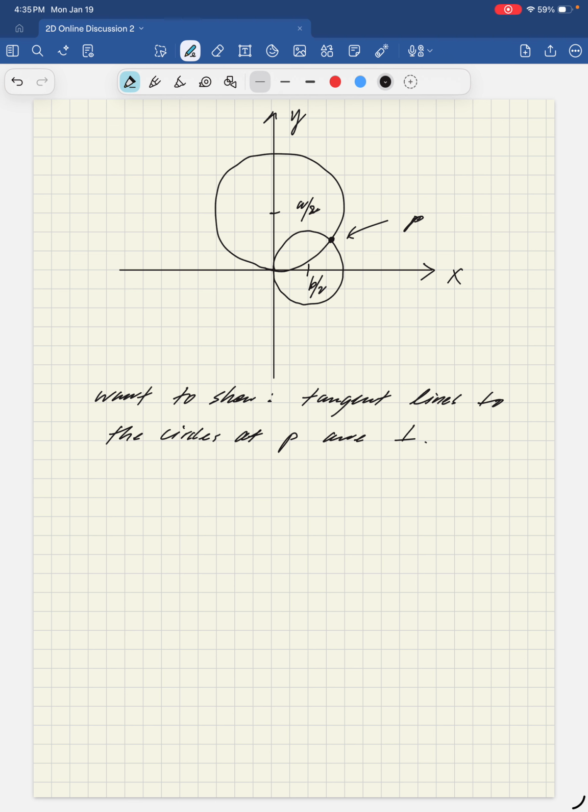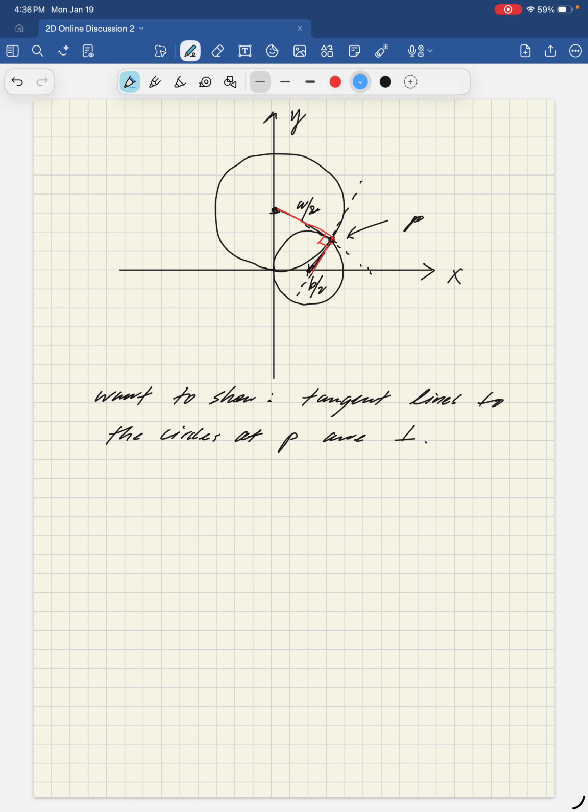So if these are my tangent lines, we know that they are perpendicular to the radial line from the center to this point. So in order to show that the tangent lines are perpendicular, I just need to show that the radial lines, which are just these two lines, are perpendicular.